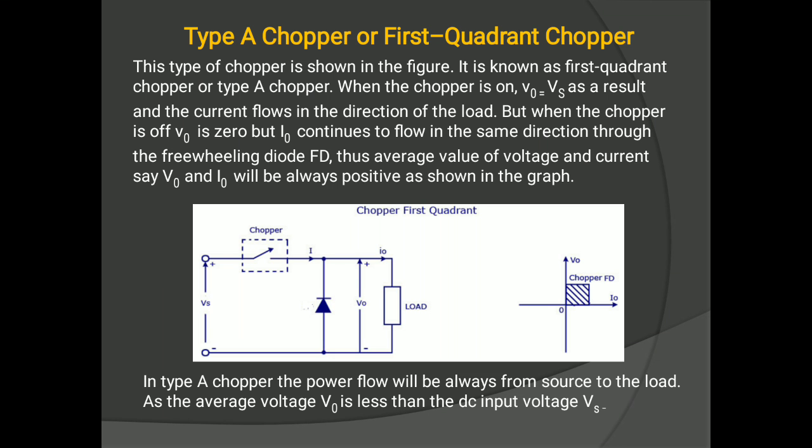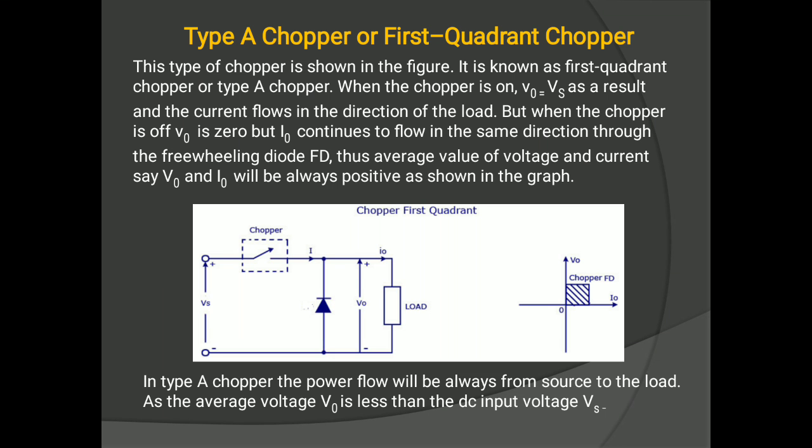Now we will study type A chopper or first quadrant chopper. When chopper is on, output voltage equals Vs or source voltage and current flows in the arrow direction. When chopper is off, output voltage equals 0, but output current in the load continues flowing in the same direction through the freewheeling diode.